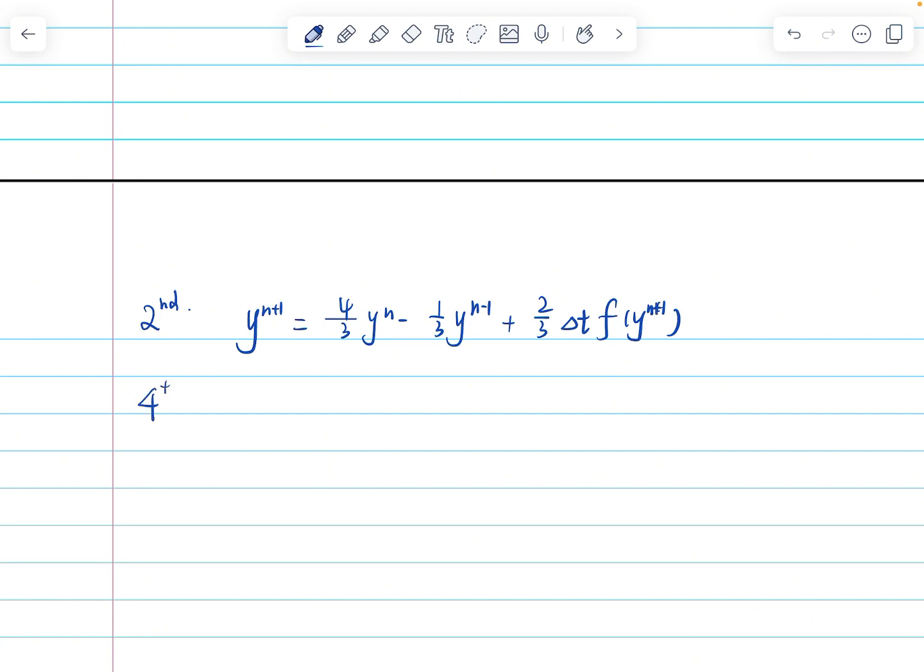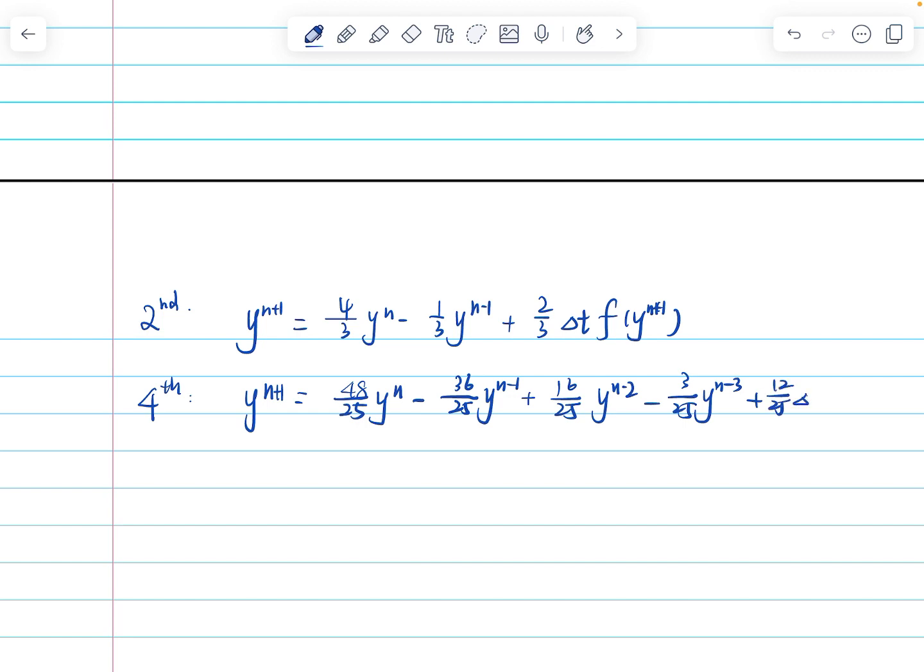And fourth order, minus 3, and this means the derivative.